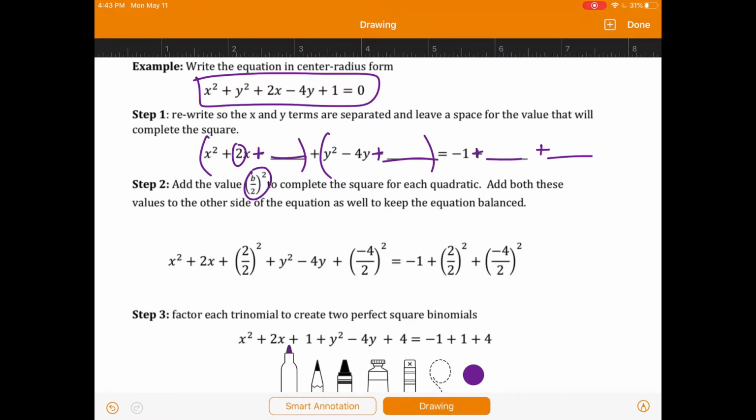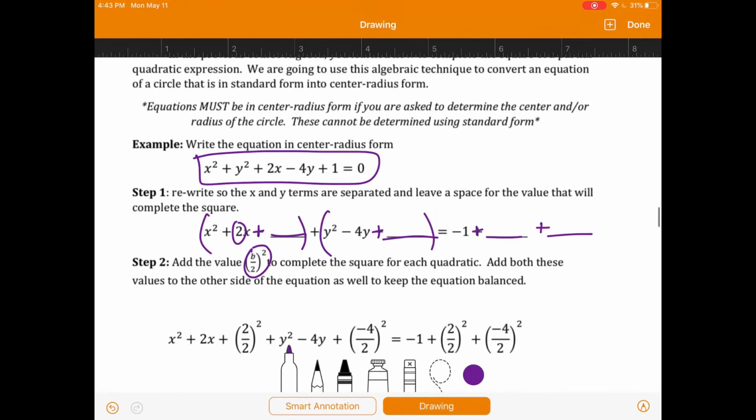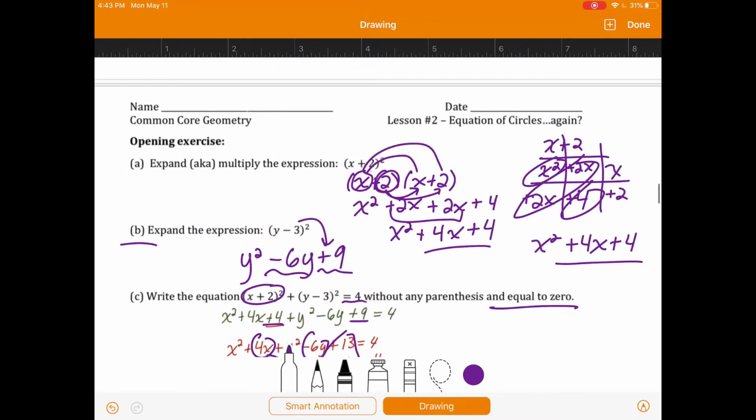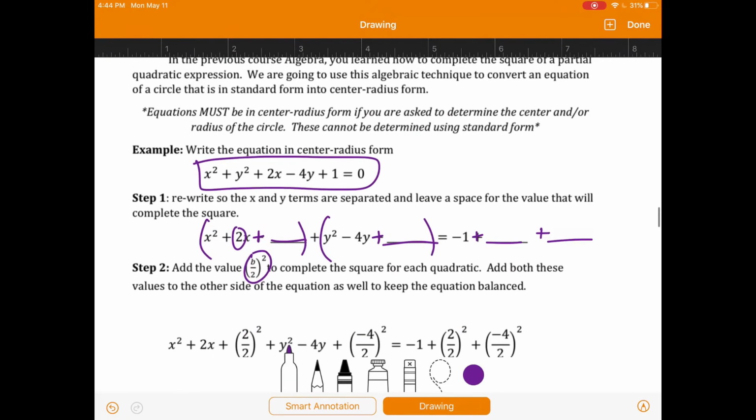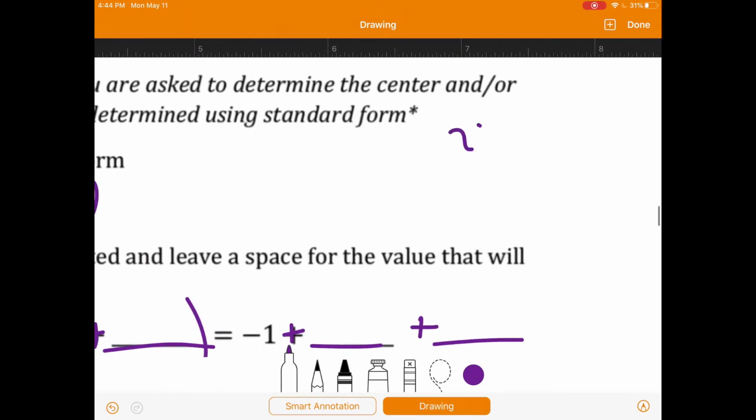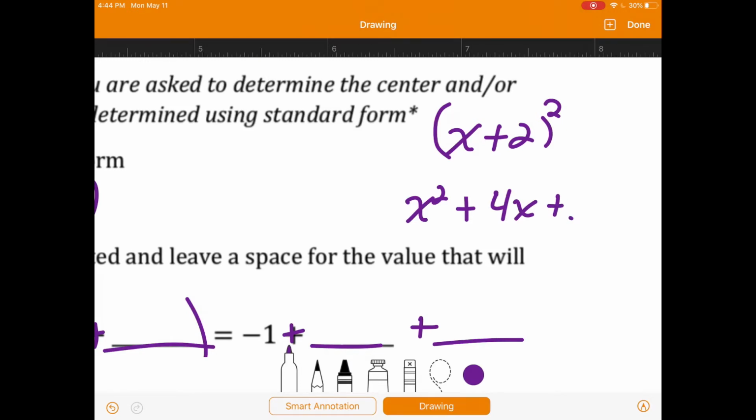The reason we're doing that is because, if you take a look at the opening exercise pieces, one of the ones we did was (x + 2)². If we look at (x + 2)², that equals x² + 4x + 4.